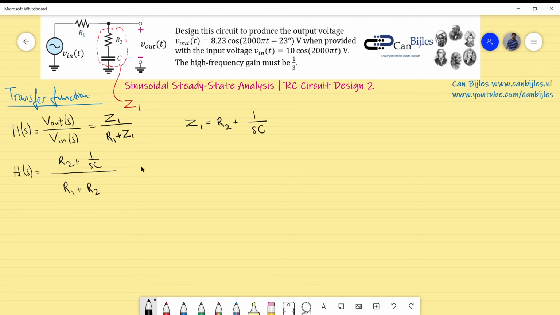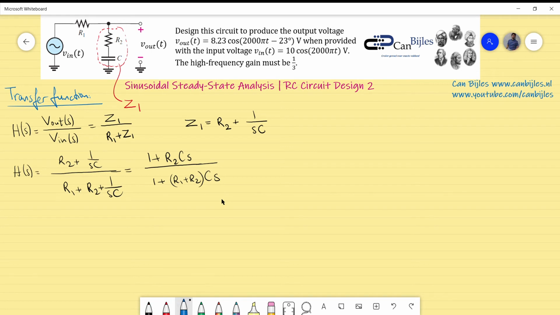It will be R2 plus 1 over CS. I can simplify this expression by multiplying the numerator and denominator by SC. So that will result in the following expression: 1 plus R2 CS divided by 1 plus (R1 plus R2) times CS. That's actually the expression we have for the transfer function.